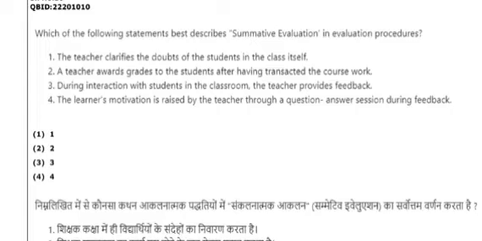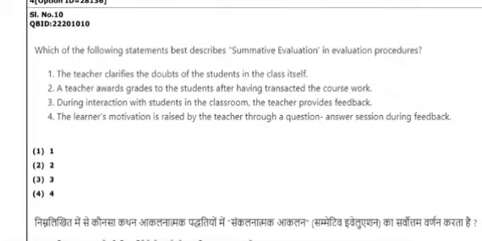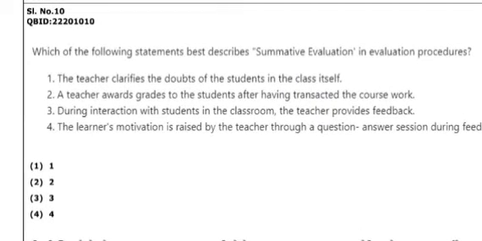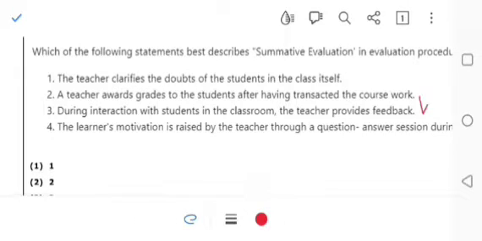So it is related to teaching aptitude. 3, during interaction with students in the classroom, the teacher provides feedback. 4, the learner's motivation is raised by the teacher through a question answer session during feedback. Since you have got the options, now you can choose one. The correct answer for this question will be number B. That means a teacher awards grades to the students after having transacted the coursework. Without that, the teacher doesn't award grades.